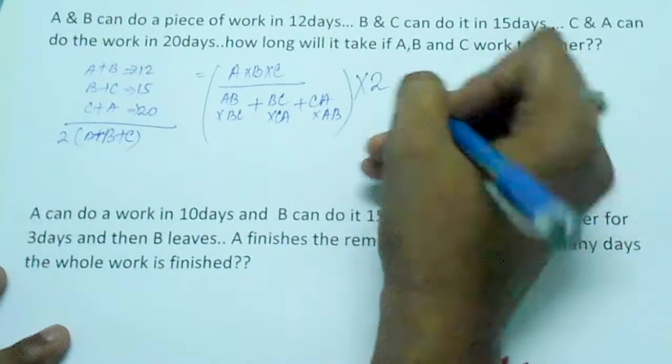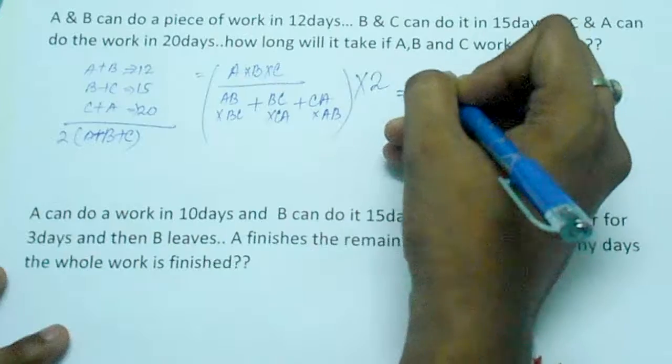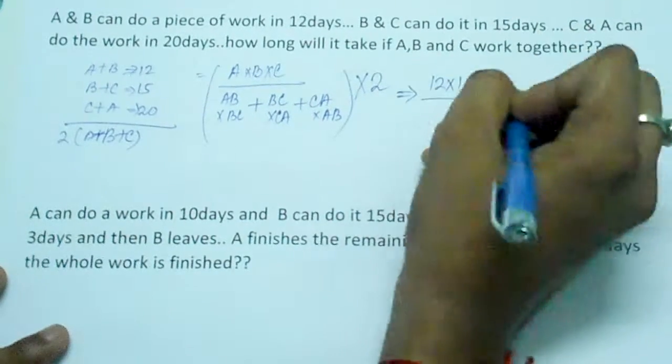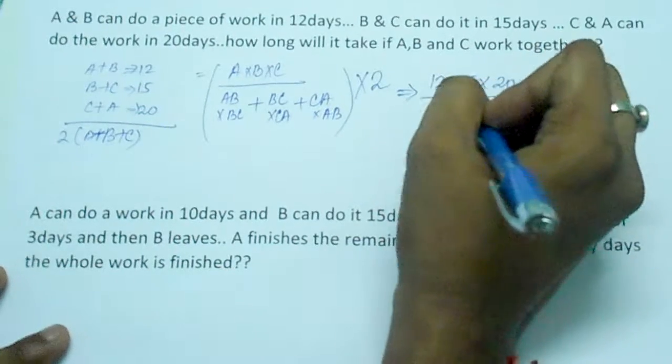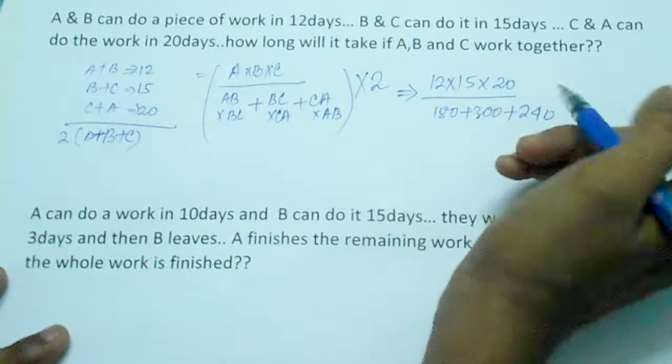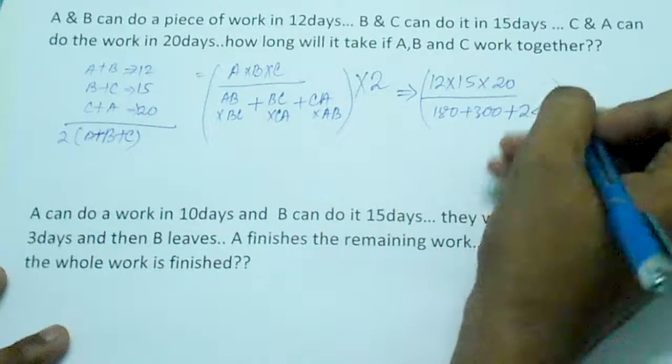So it's 12 into 15 into 20 divided by 180 plus 300 plus 240, and the whole thing into 2.